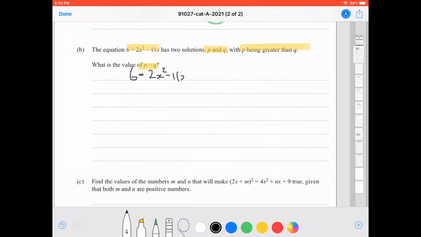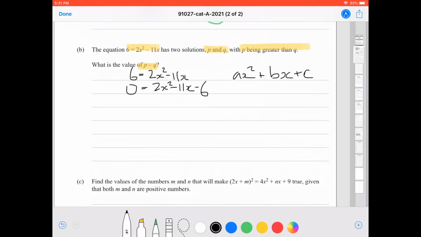Now a quadratic is written in the form ax squared plus bx plus c, and so we can rearrange, and we're going to say 0 equals, we're going to take our 6 to the right hand side, 2x squared minus 11x, and it becomes minus 6. And so let's go ahead and factorize and solve this quadratic.